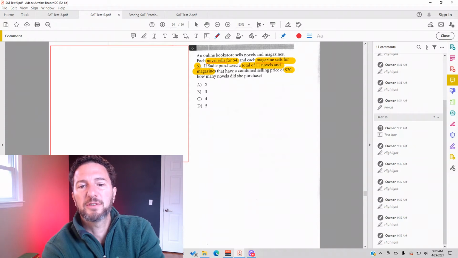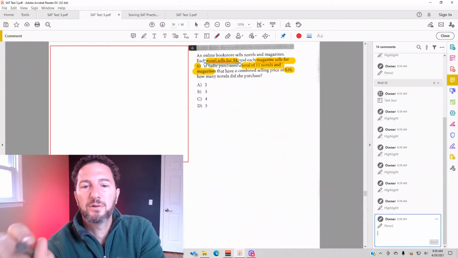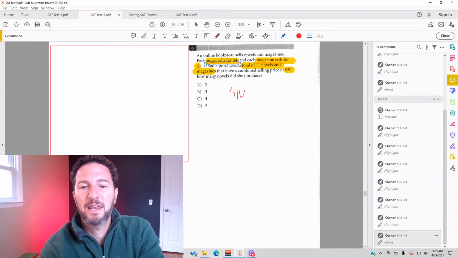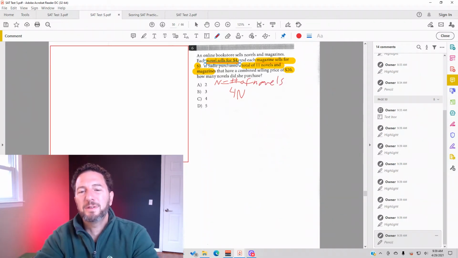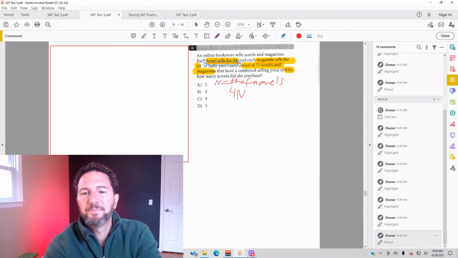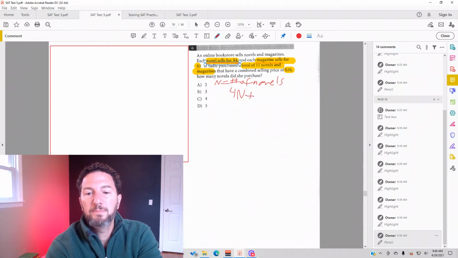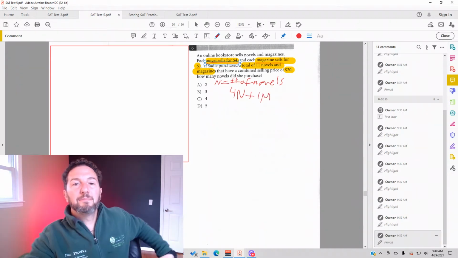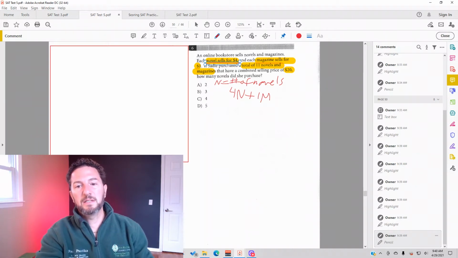Starting, each novel sells for $4. So, if you take your 4 and multiply it by n, if n equals the number of novels, then that's going to be the total amount of money you spend on novels. And each magazine sells for $1. So if we put that plus 1m, and another way to say m is to say magazines.